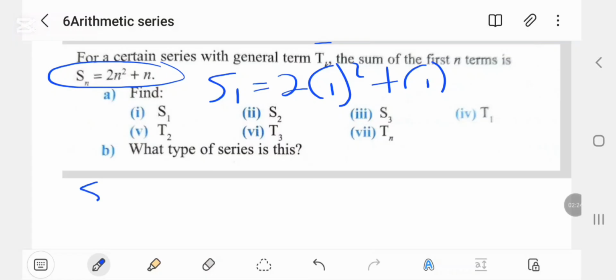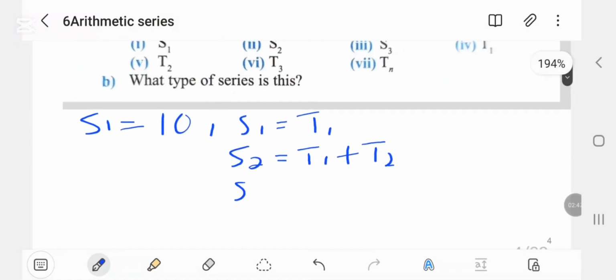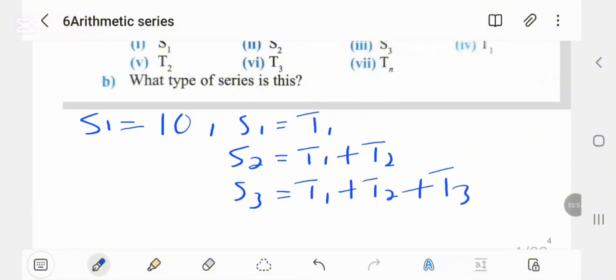S1 is 10, and S1 is the same as T1. Why? Because we get the sum of one term when we have one term. We get the sum of two terms when we have the first term and we add it to the second term. To get S3, we add the first term, the second term, and the third term.